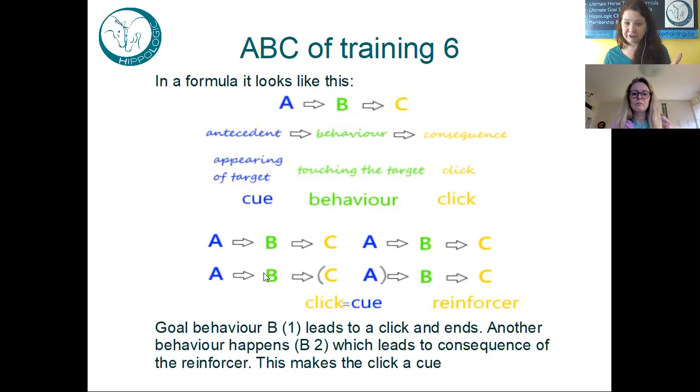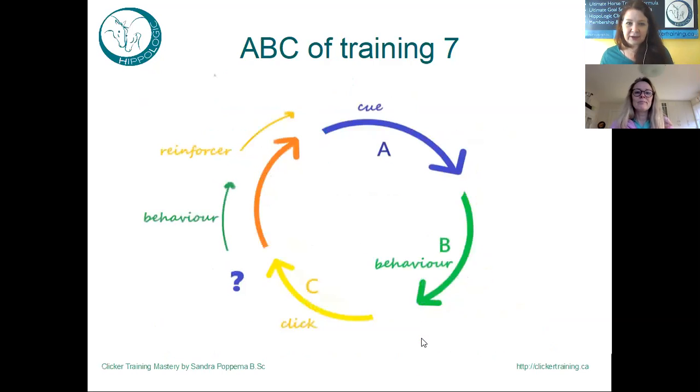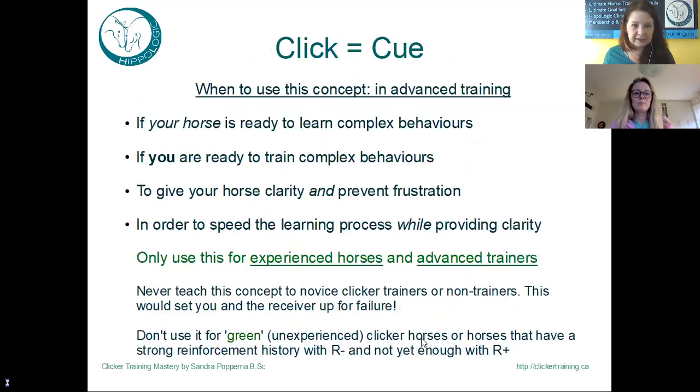And then another behavior happens, which leads to the consequence of you giving the treat. So this is what it looks like in a circle again. So what really happens is that your click becomes a cue.